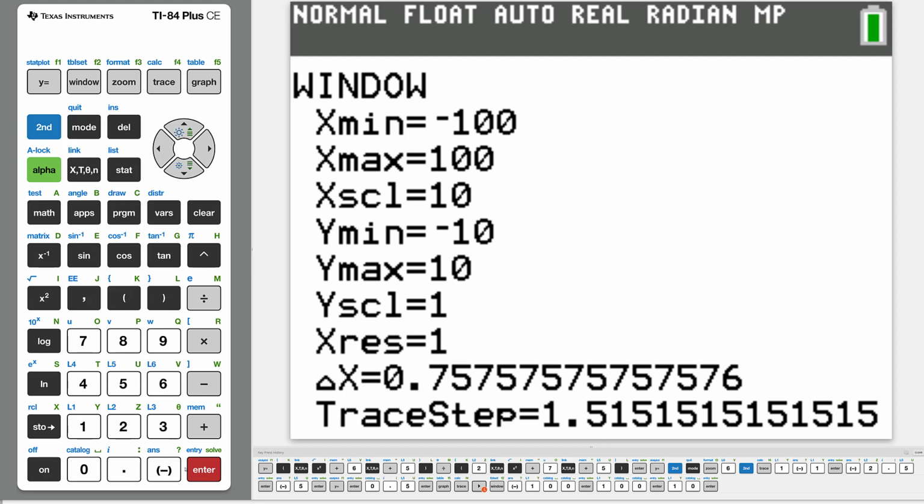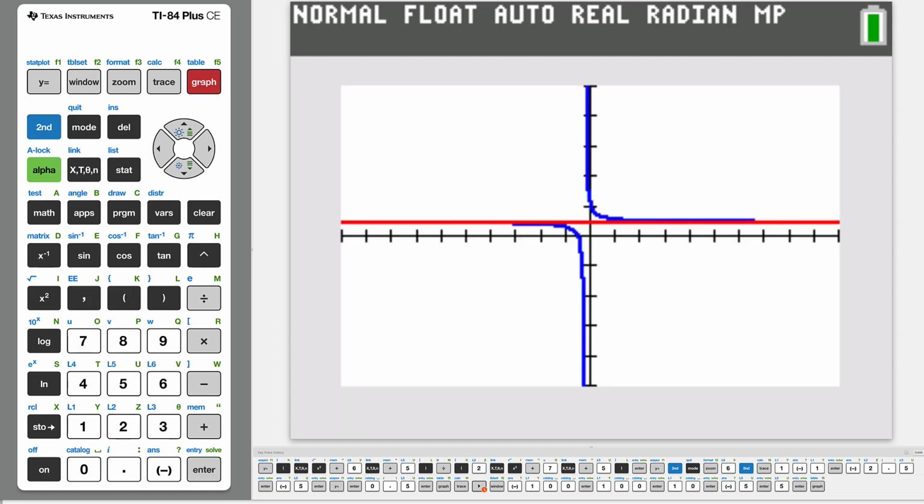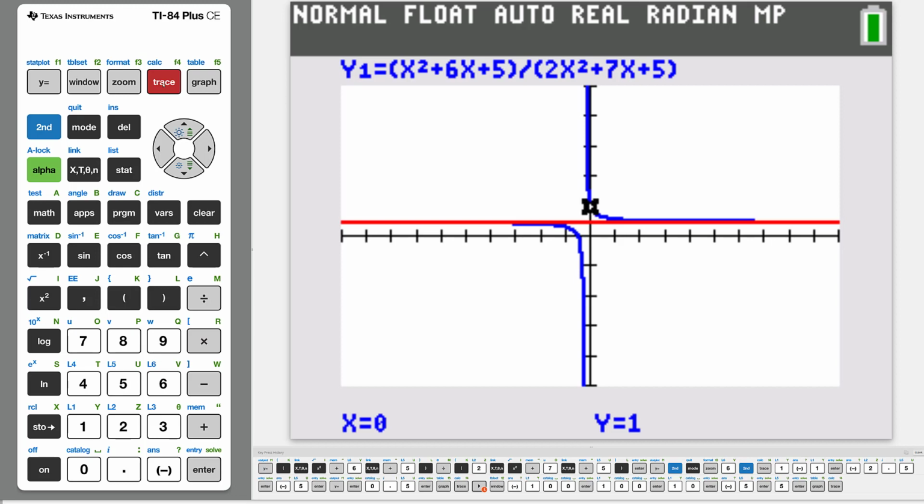And then on the y side, we don't really need that much y, so let's go negative 5 to 5. Scale of 1 is fine. So here's our graph. Now, of course, it's not an optimal view, but for what we're using right now, it's a good view. So again, I'm going to trace, and it's starting me at the y-intercept there, and I'm just going to keep going to the right.